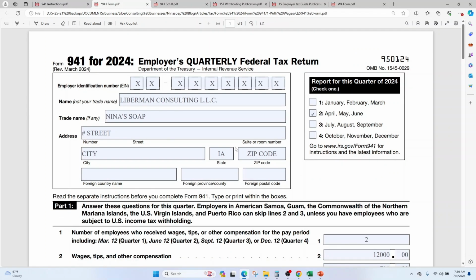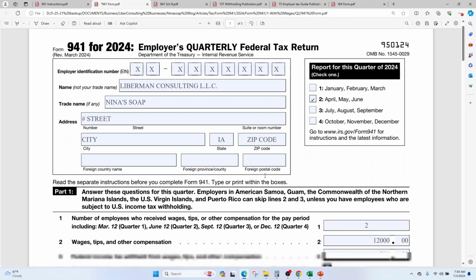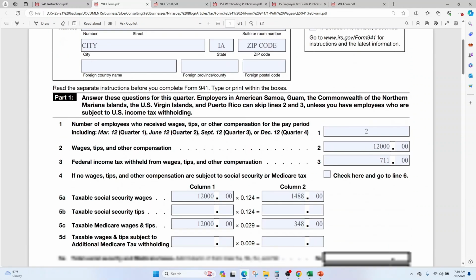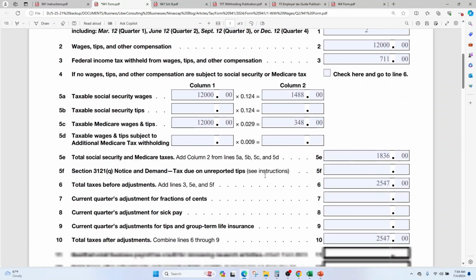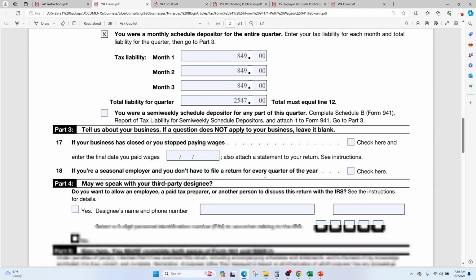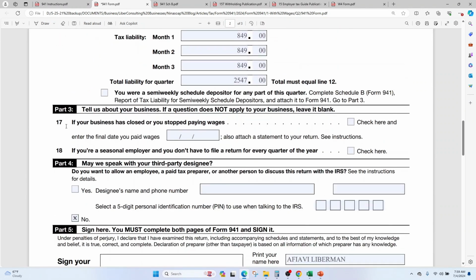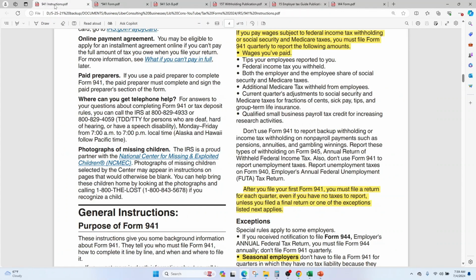And filing a final return will mean you check box 17, put the date that you last paid wages, and attach a statement to signify that you file a final return, or one of the exceptions listed applies.